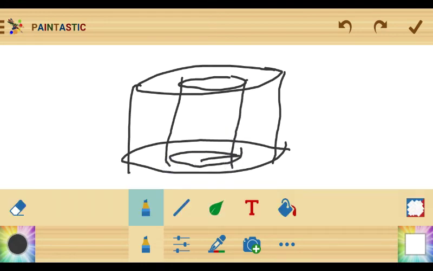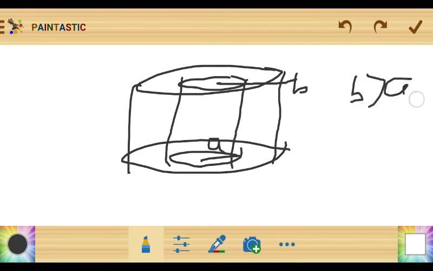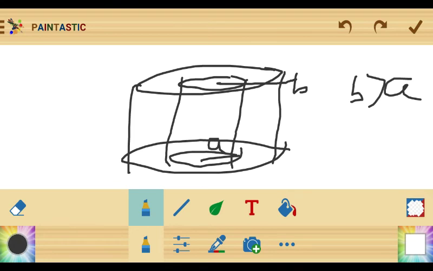Let's say the inner radius is a, and the outer radius is b, and it is very clear that b is greater than a. The radius of the inner cylinder is small a, and the radius of the outer cylinder is b.